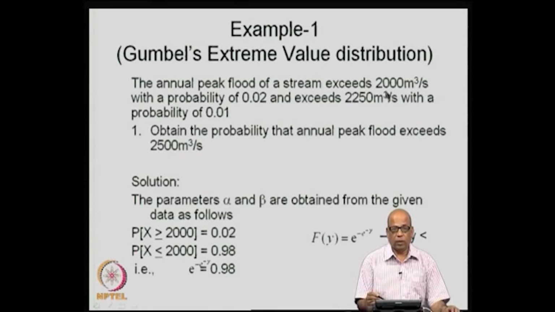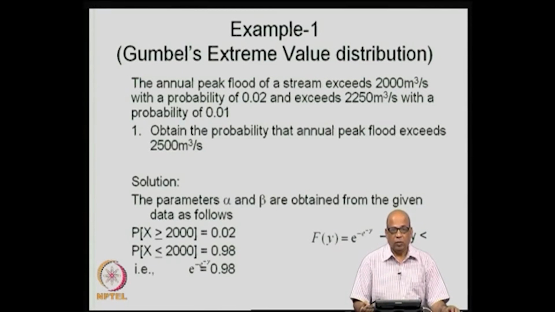So, these are known from the samples, and then we need to obtain the probability that annual peak flood exceeds 2500 meter cube per second, assuming of course that the peak flood follows a Gumbel's extreme value distribution.